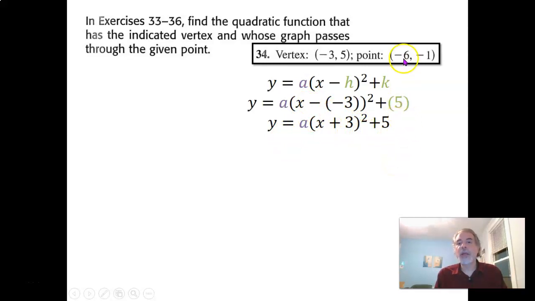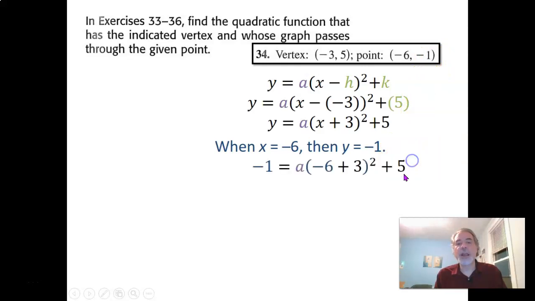Now we know that when x is negative 6, then y has to equal negative 1. So putting those numbers in for x and y, negative 1 equals a times (negative 6 plus 3) squared plus 5. Inside the parentheses, negative 6 plus 3 would be negative 3, and negative 3 squared would be 9.